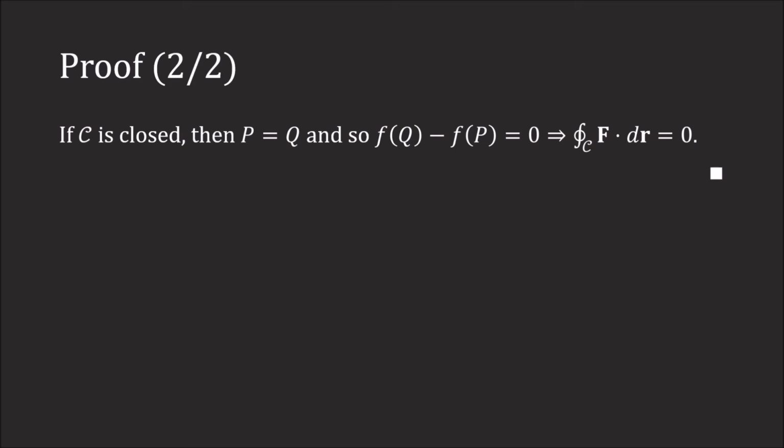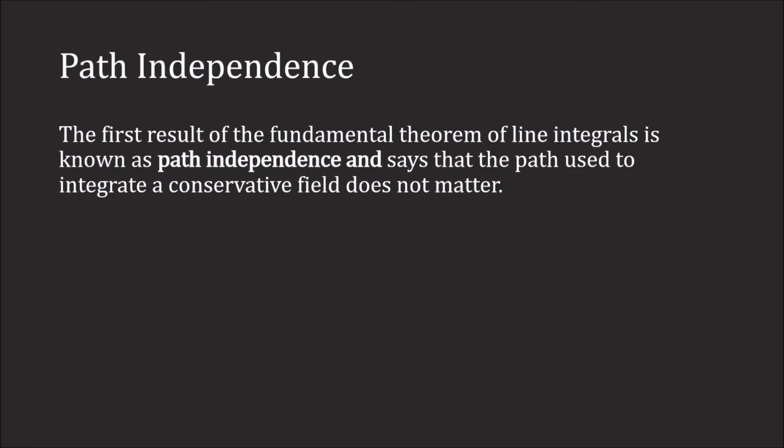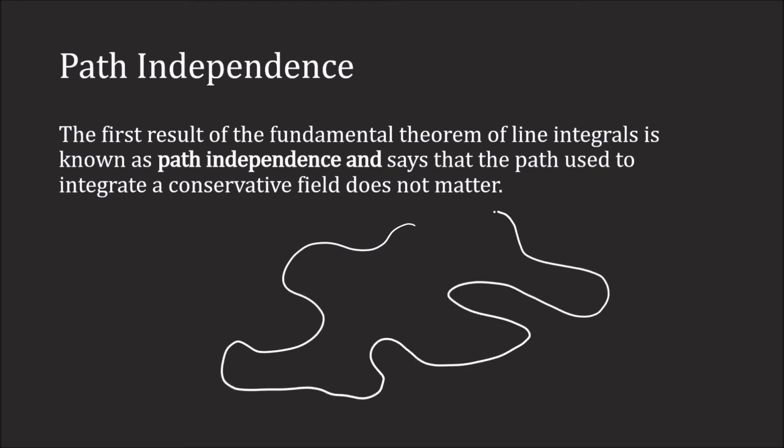Now, that first result of the fundamental theorem is known as path independence because it says that the path used to integrate a conservative vector field does not matter. In other words, let's say we have a really complicated looking curve, something like that.